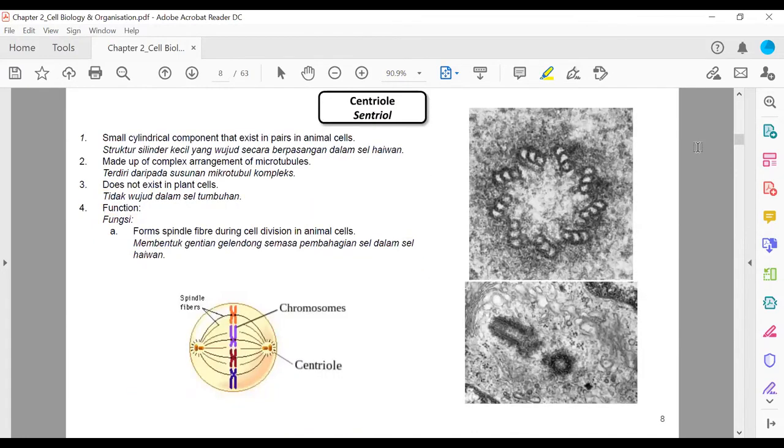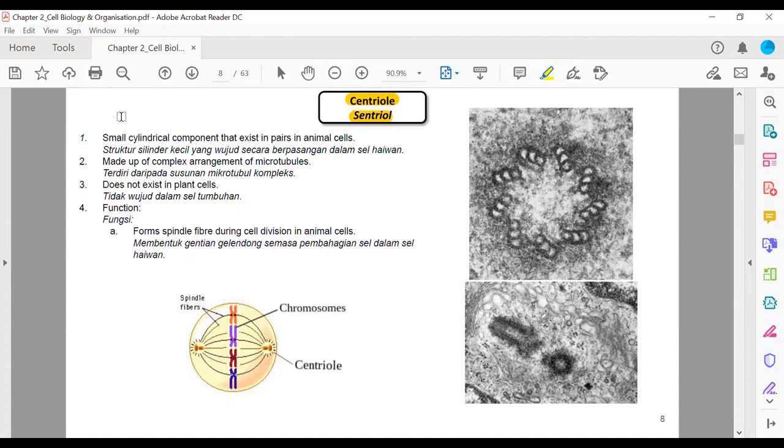Page number 8. Okay, the second organelle yang kita nak tengok ialah centriole. Centriole. And for your information, centriole hanya jumpa dalam sel haiwan sahaja. Sel tumbuhan tak ada centriole.